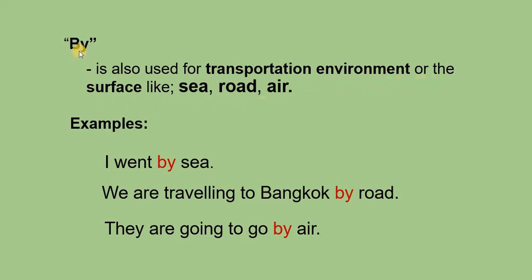So, by is also used for transportation environment or the surface like sea, road, and air. Examples: I went by sea. We are traveling to Bangkok by road. Oh, we are gonna go by air. They are going to go by air.